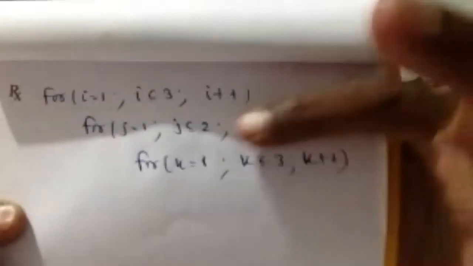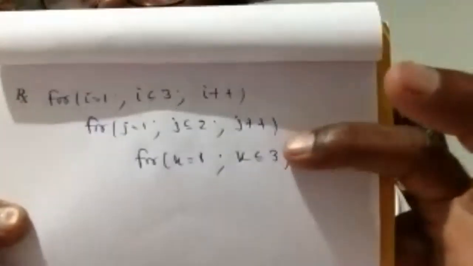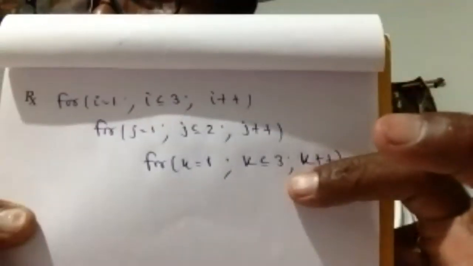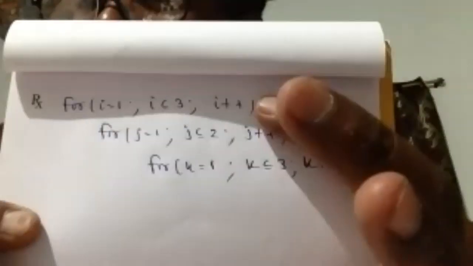For I equal to 1, J will repeat how many times? 2 times. For J equal to 1, K will repeat how many times? 3 times. Then it will go to the upper. Similarly, it will repeat. Now, what will be the table?